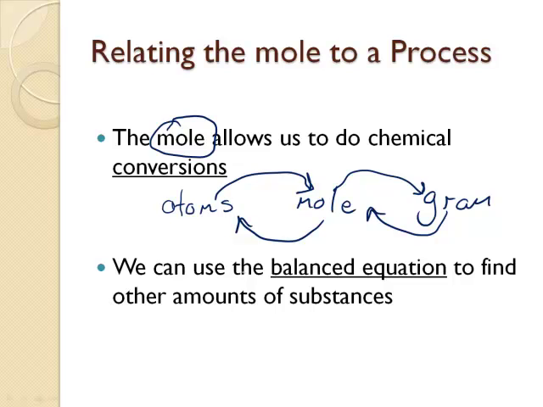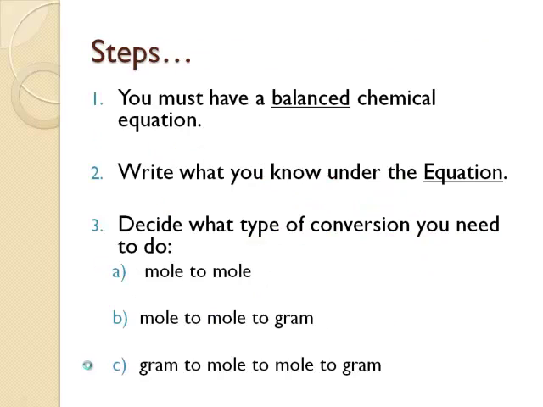But we can also use this knowledge of mole conversions in a balanced chemical equation to find amounts of substances. So that's what stoichiometry does. It uses the mole concept to find out different amounts of substances in a chemical equation.